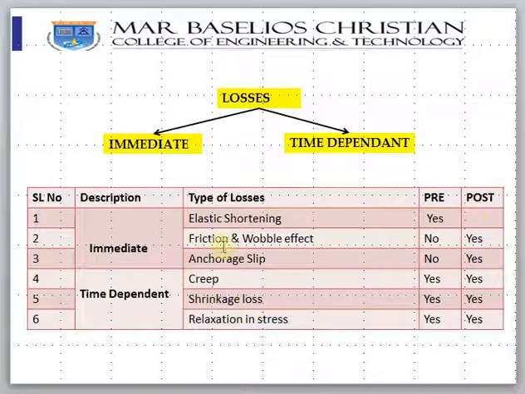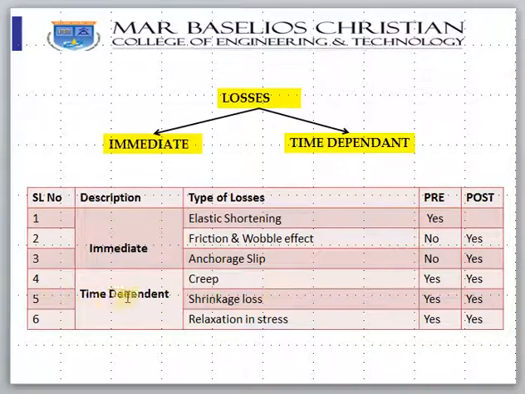We will see how. Another is frictional loss due to friction and wobble effect. It is for post-tension beams, not in pre-tensioning. Another is the loss due to anchorage slip, or slip due to the wedges. It is also happening only in post-tension beams.